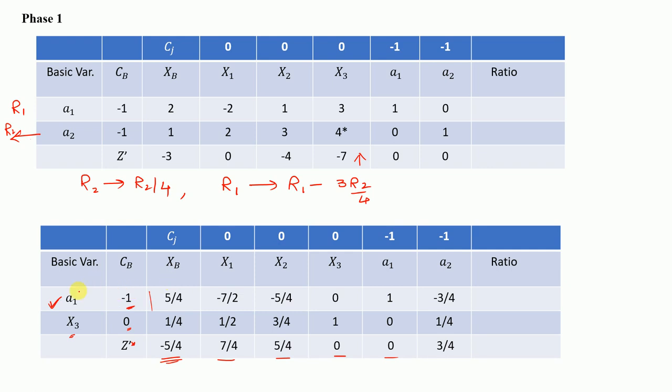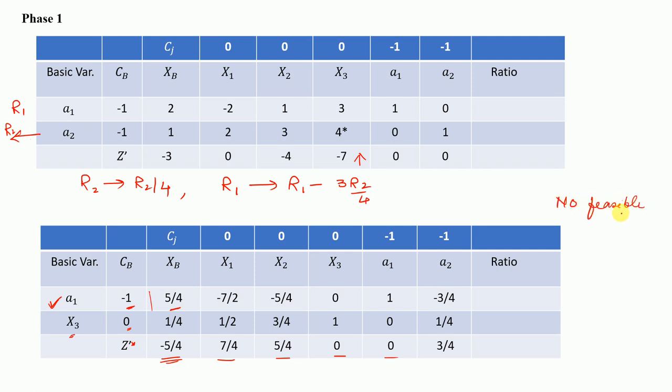Since this artificial variable is there with a positive value, it signifies that the original problem has no feasible solution. So here you have to check whether an artificial variable is present in this optimal solution with a positive value. If it's so, just like in this example, simply you will write no feasible solution.